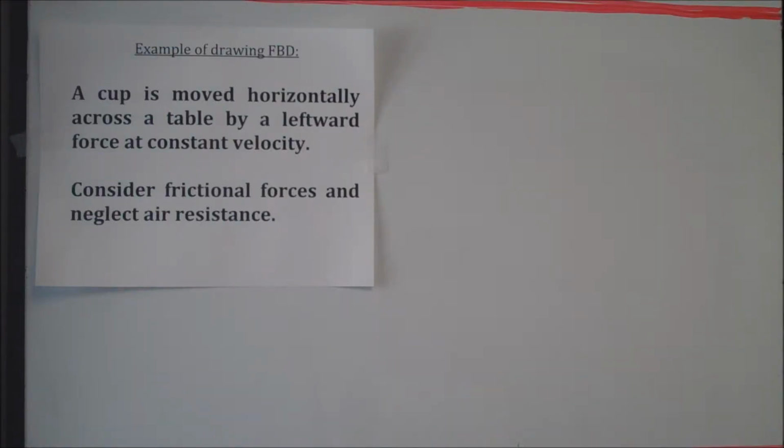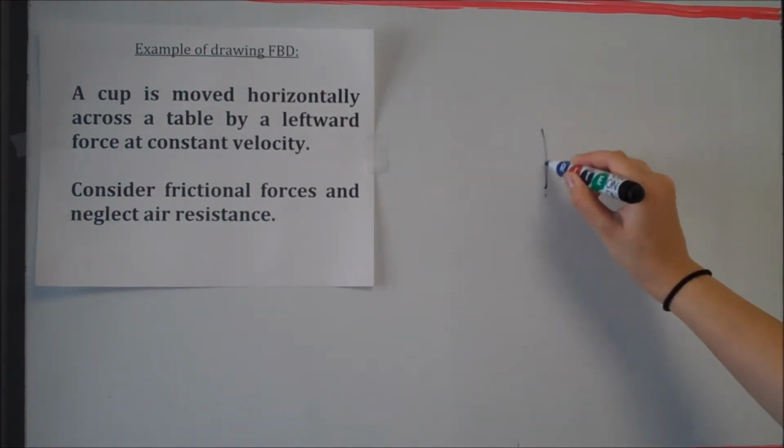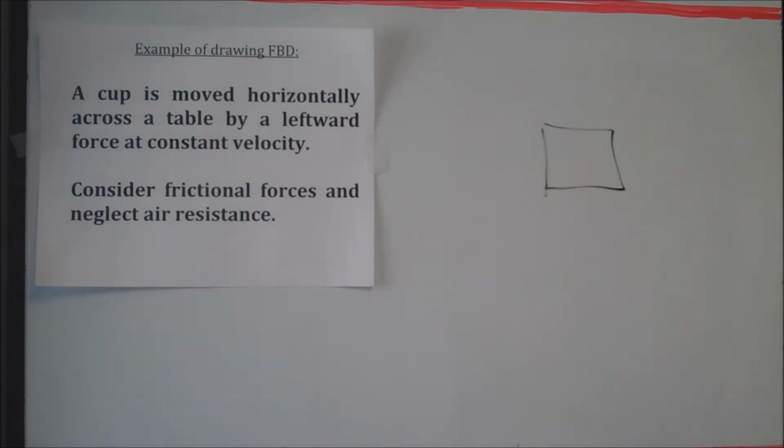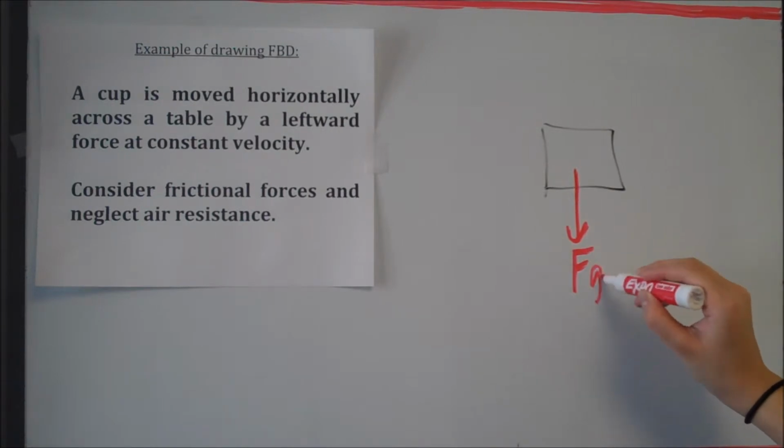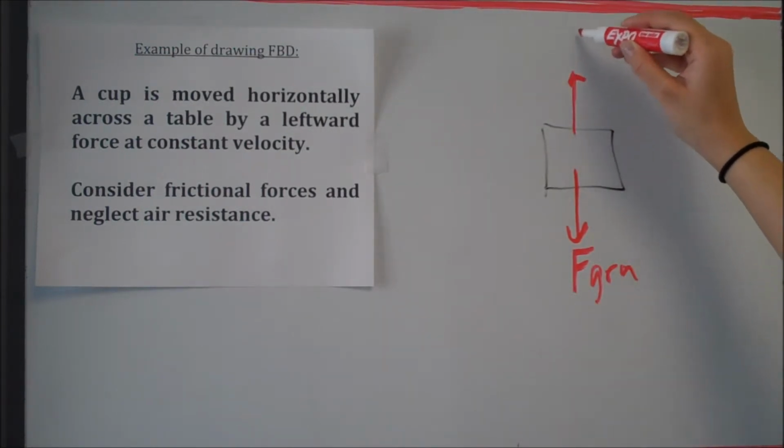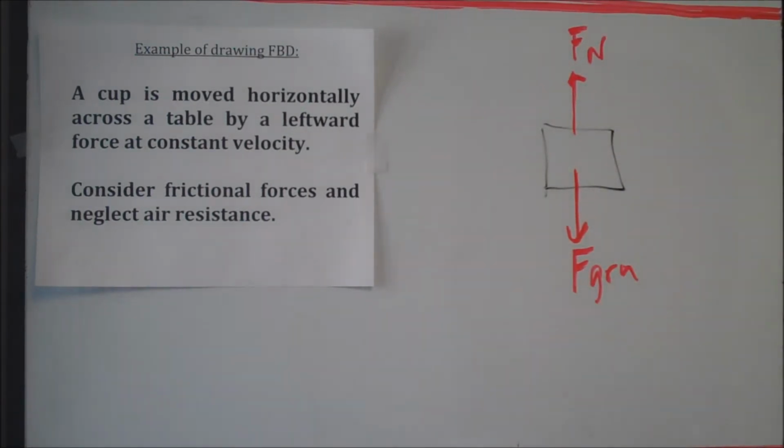So here we have an example of drawing a free body diagram. A cup is moved horizontally across the table by a leftward force at a constant velocity. Consider frictional forces and neglect the air resistance. So as I mentioned before, the object we can just use a box to represent. It doesn't have to be an actual cup. And for all objects, we always have a gravitational force, which is the weight, and we always have the normal force, as mentioned before.